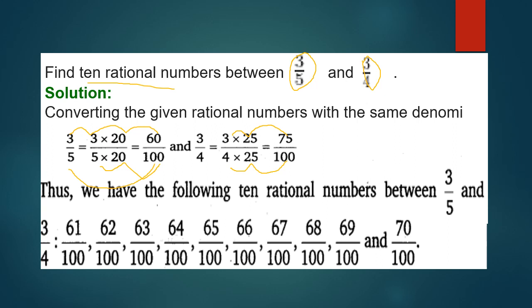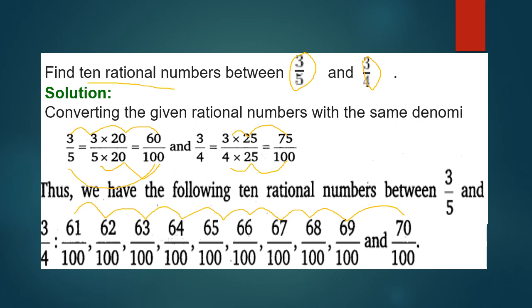Thus, we have the rational numbers between 3 by 5 and 3 by 4 as 61 by 100, 62 by 100, 63 by 100, 64 by 100, 65 by 100, 66 by 100, 67 by 100, 68 by 100, 69 by 100, 70 by 100, 71 by 100, 72 by 100, 73 by 100, 74 by 100.